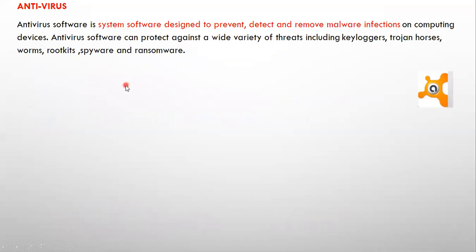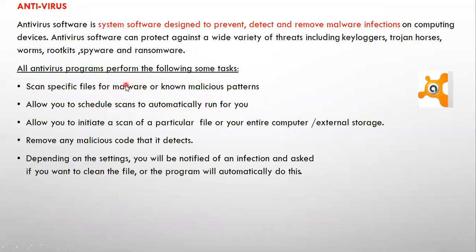Now, your antivirus software is system software designed to prevent, detect, and remove malware infections on computing devices. So your antivirus can detect malware, like viruses, and it allows you to remove the virus.